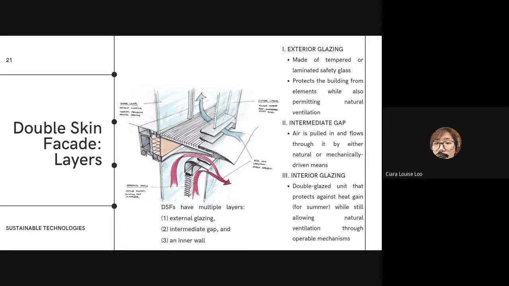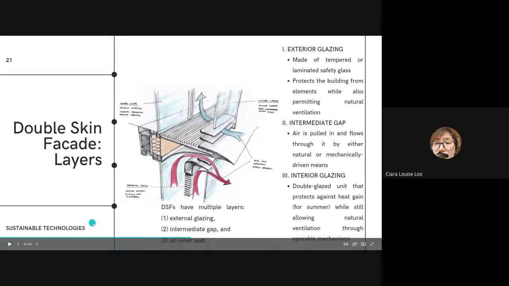And the innermost glazing protects against heat gain. Like for our country, it protects against heat gain while still allowing natural ventilation through operable mechanisms. So low emittance coatings can be used to decrease the heat gain. So the outer layer, it's usually low E glass that they use for it.